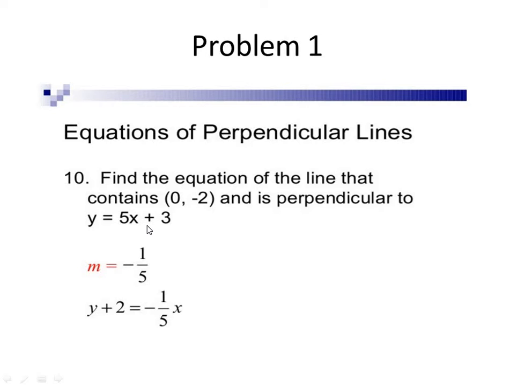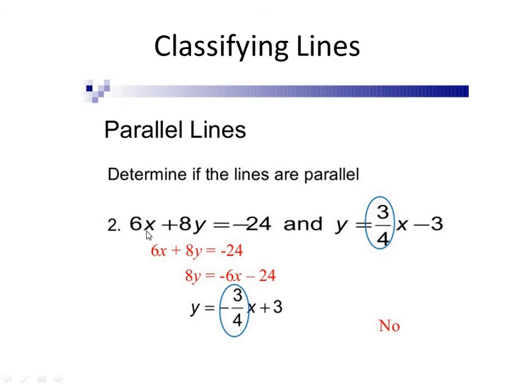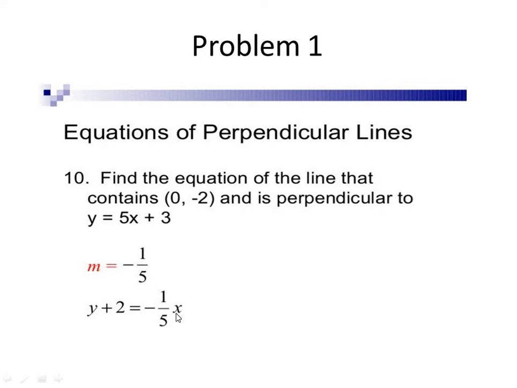Since they give me a point and a slope, I cannot write it in standard form, so I write it in point-slope form: y minus y1, which is negative 2, so it becomes a plus, equals the slope times (x minus x1), and x1 is 0. When you distribute the slope, you will have negative 1 over 5 x.